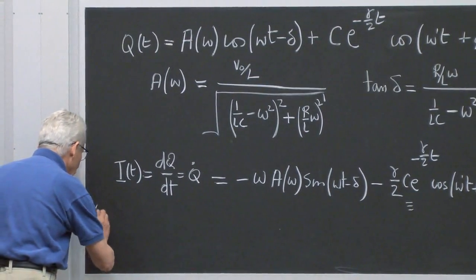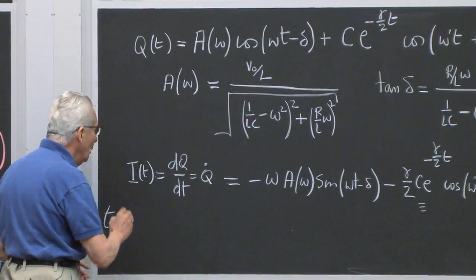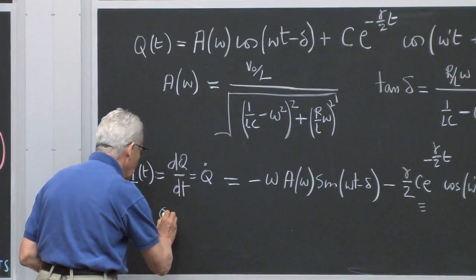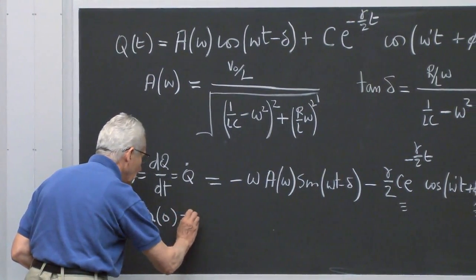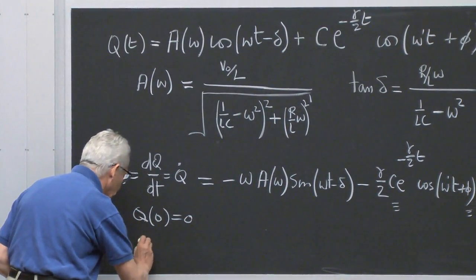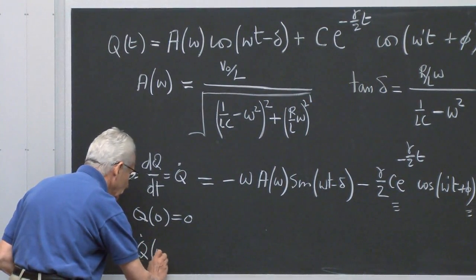At t equals 0, we know what q of 0 is, and we know what q dot of 0 is.